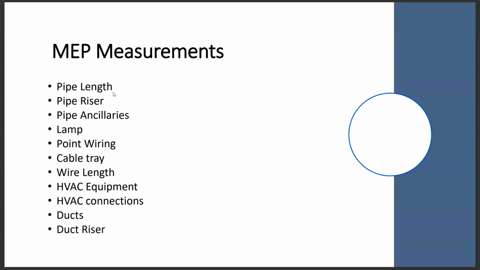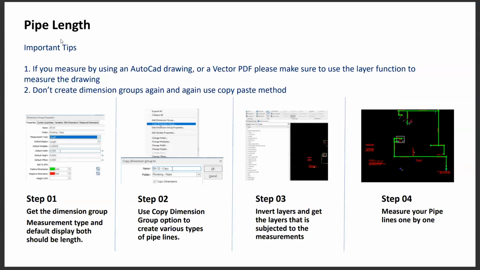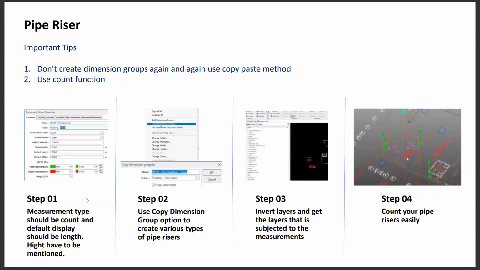You can see pipe length, pipe fittings, point wiring, cable tray, wire length, HVAC equipment, HVAC connection, ducts, duct risers, and everything has been explained step by step. Step 1, step 2, step 3, step 4.